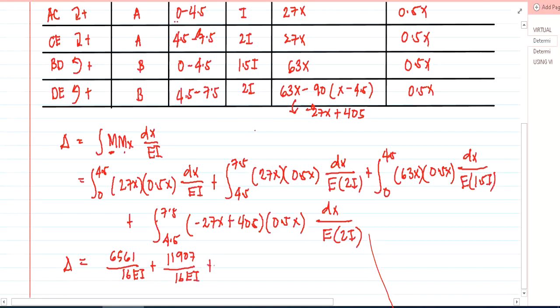Plus 63 times 0.5, that is 5103 over 8 EI, plus the fourth term, that is 17253 over 16 EI.